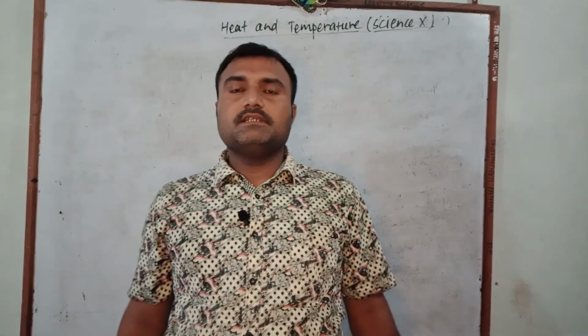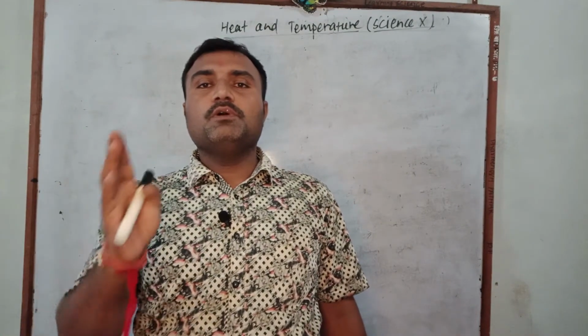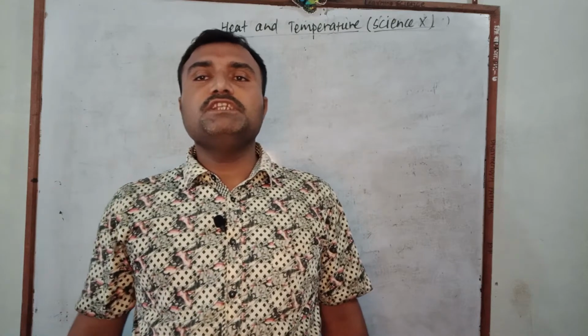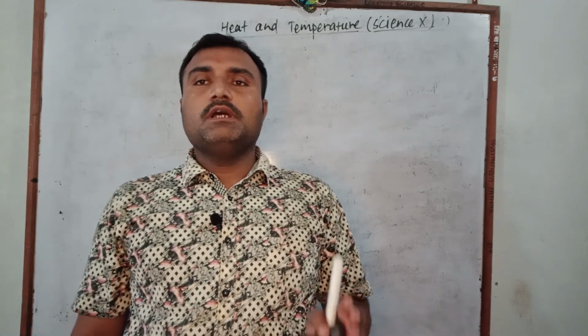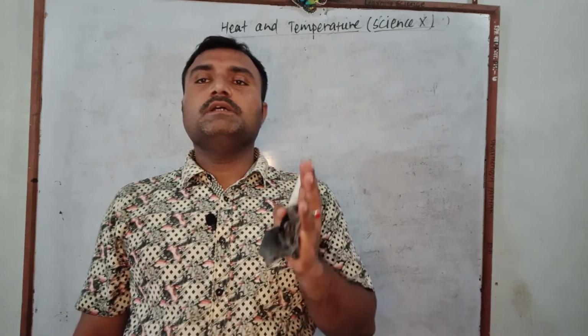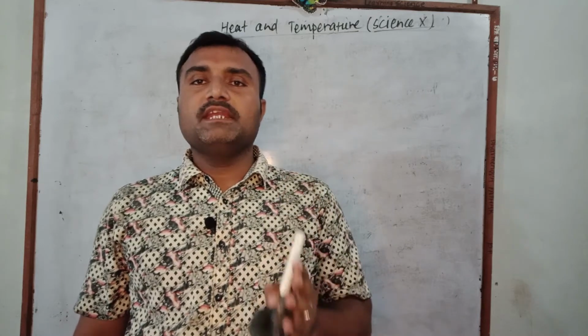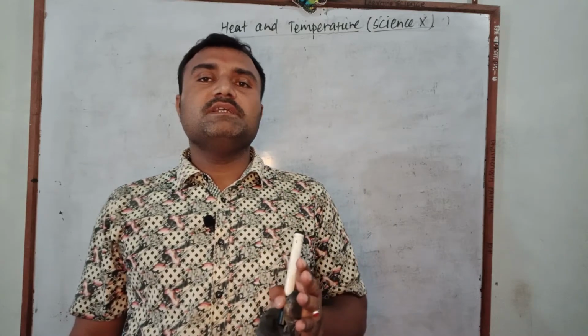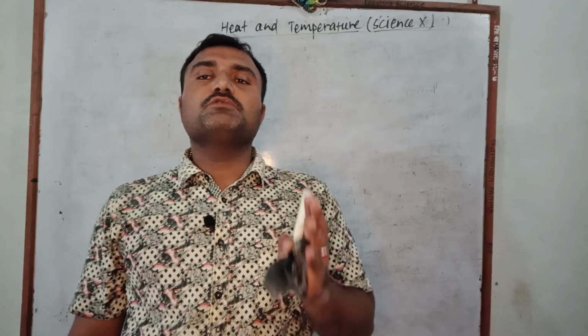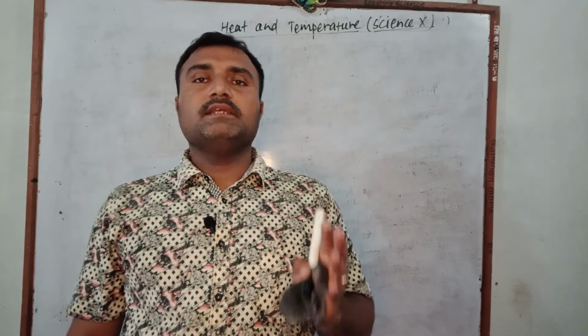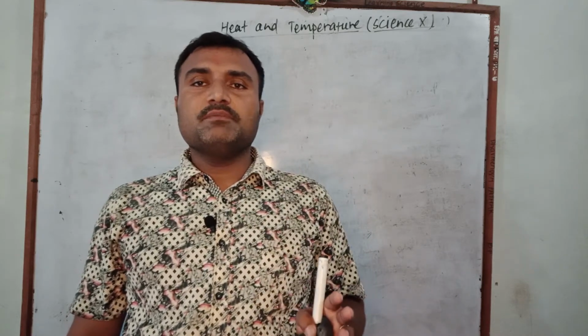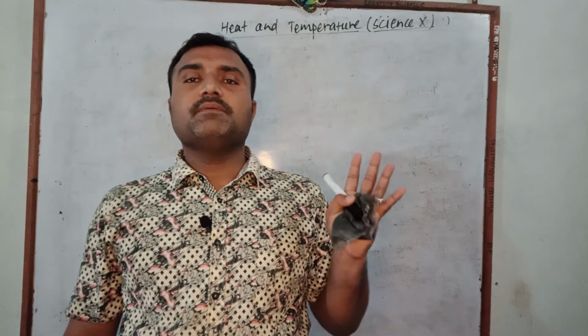Hello students, in my previous video I described the heat equation, the relationship that the heat energy lost or gained by a system is directly proportional to the mass of the body, the specific heat capacity of the body, and the change in temperature.